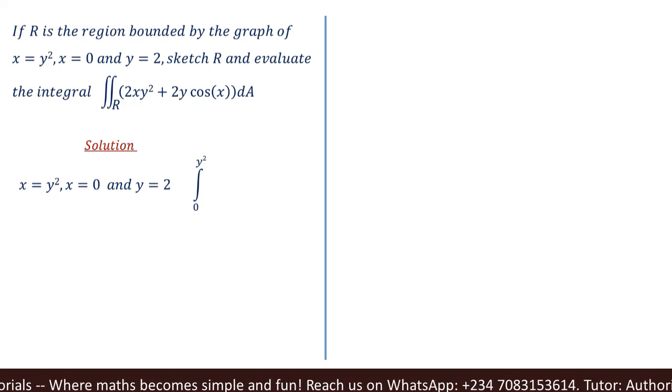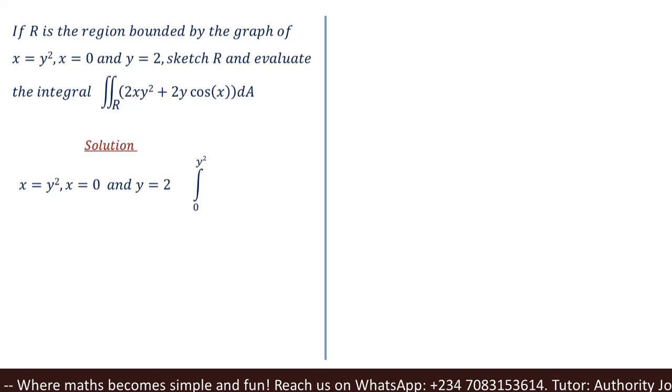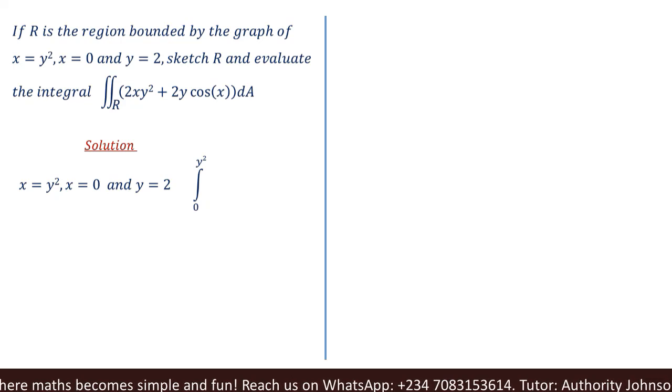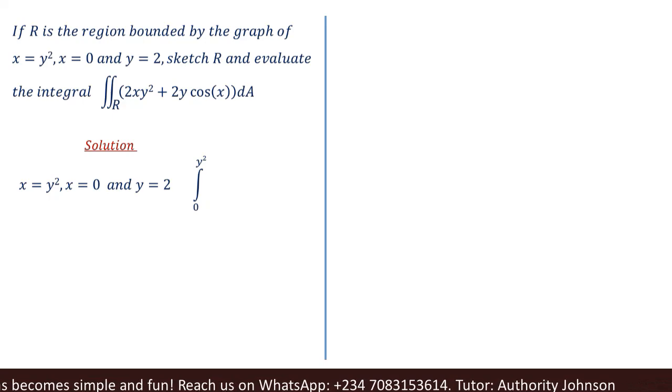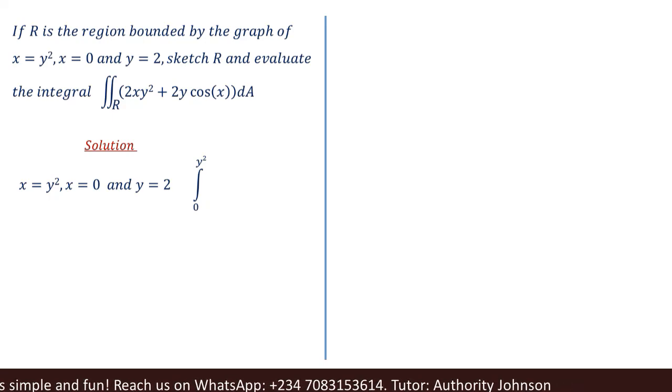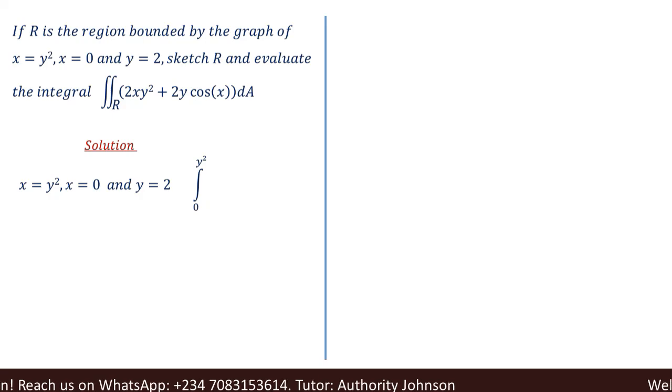X begins from 0 to y squared. That is to say, we can have the integral over the region from 0 to y squared. Are we clear? Good. So this is the first information.